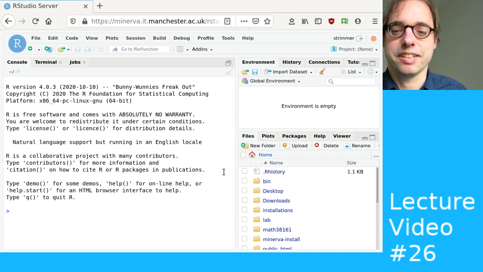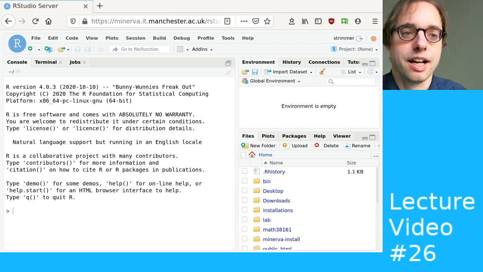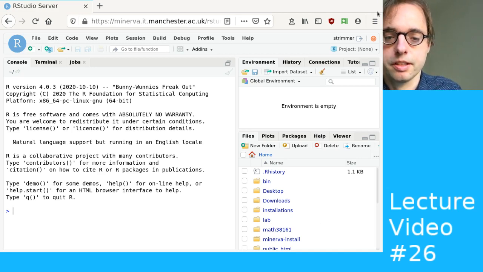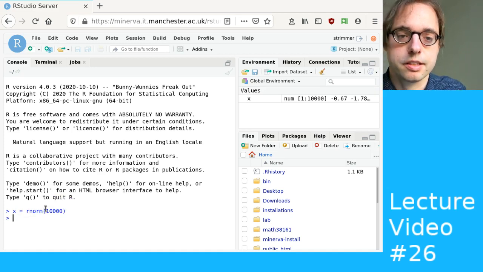So here we go, that's the R session. And now let's just simulate some data. Let's simulate 10,000 normally distributed random variables. So x is rnorm of 10,000, right? So that's our random numbers.